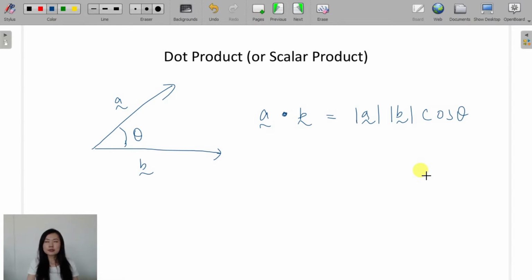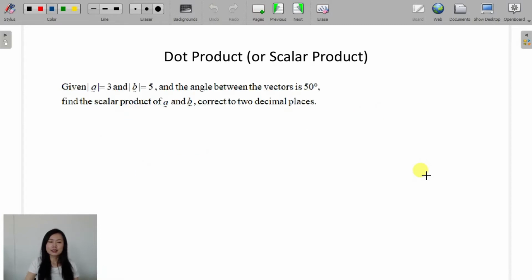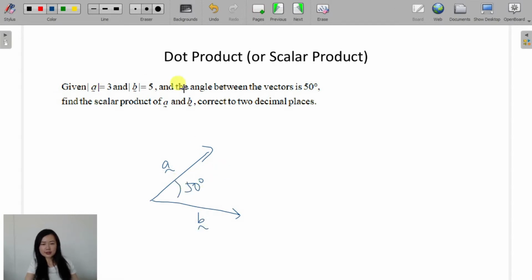And this result actually creates a lot of interesting properties, as we'll have a look at very soon. So for example, let's say we've got two vectors, A, B, with an angle of 50 degrees. So that's what this is saying. And the magnitude of A is 3. So this guy is 3.